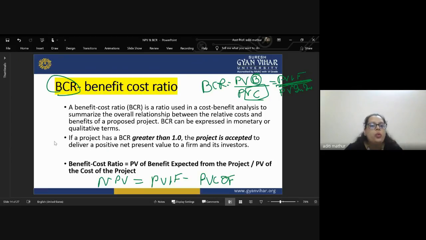So that is why this point is valid, that if your BCR is greater than 1, it will definitely imply that the NPV of that project will always be positive. There's nothing which can deny this point, it's a fact, right? How it is a fact and how to calculate it, let's discuss when we solve it with the example.